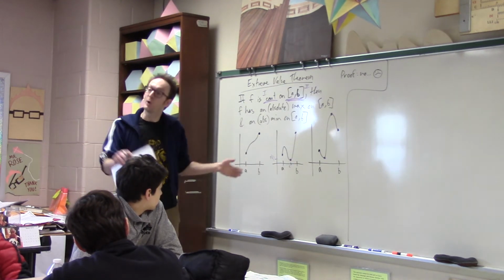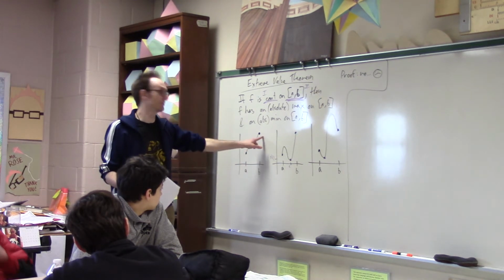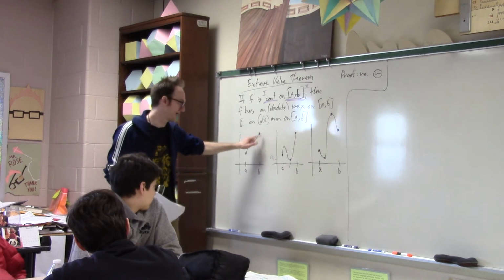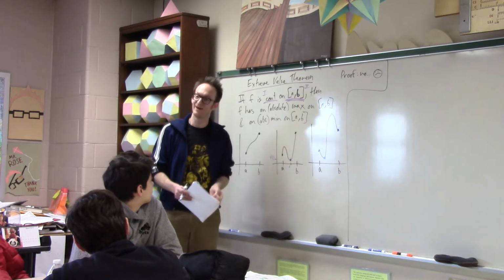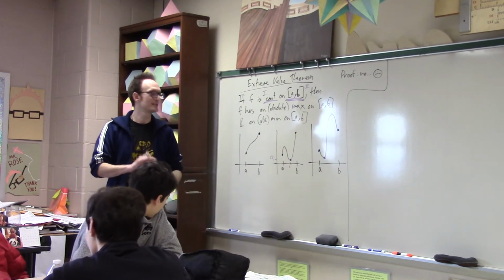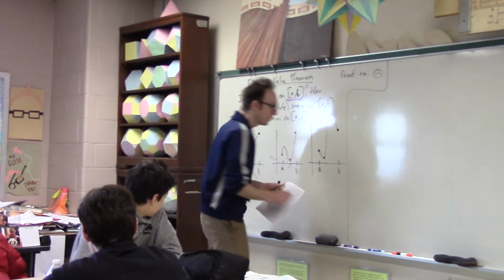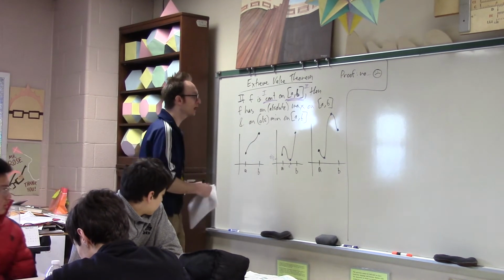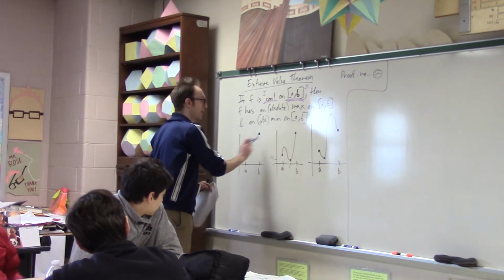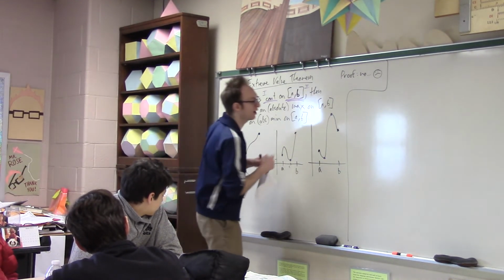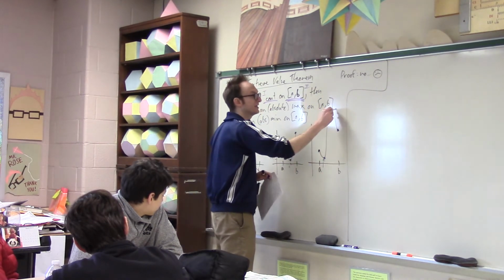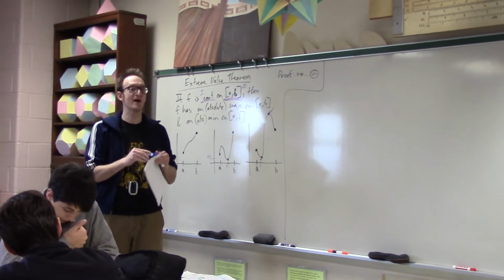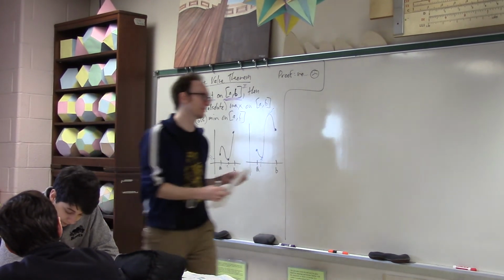I should look at the endpoints because the maximum and minimum might be there, and the other place to look is everywhere else in the middle. So basically, if I'm searching for the minimum and maximum, I should look at the endpoints, and I should look for all these relative minima and relative maxima. The problem now shifts to how do I find relative minima and relative maxima?